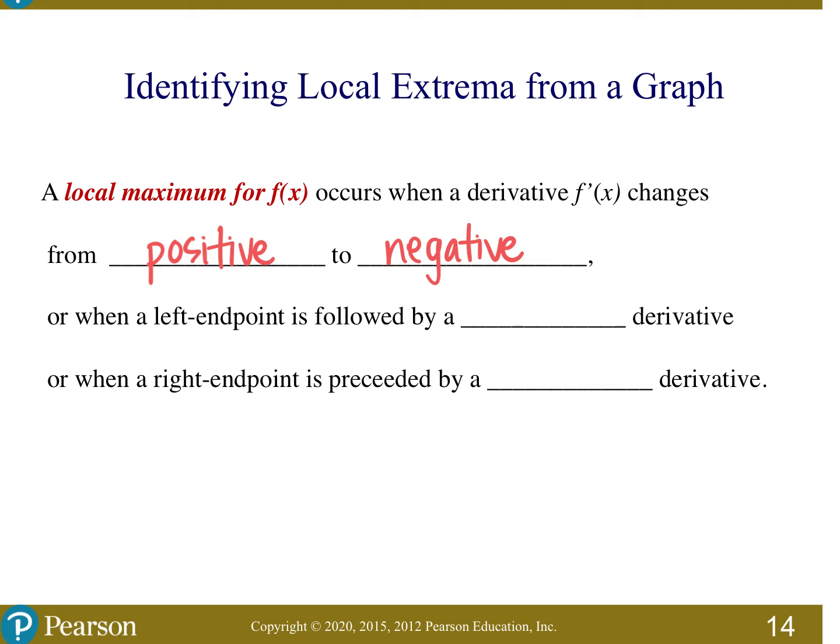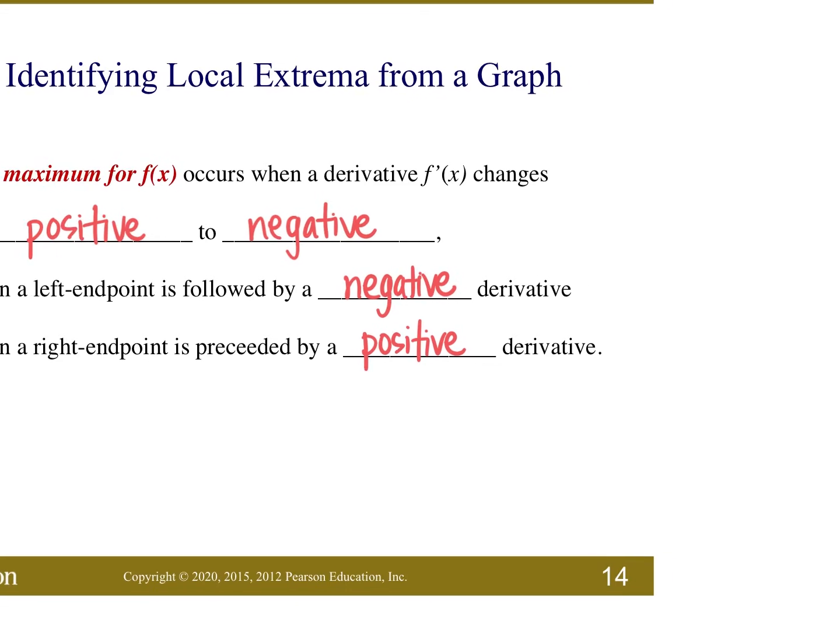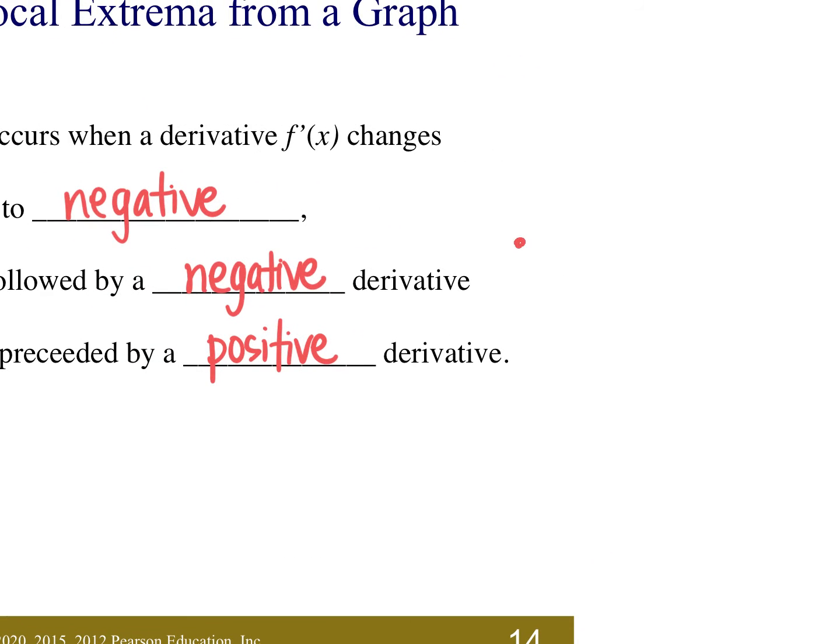Okay, so here's what happens. If the left side of the endpoint is followed by a negative derivative, that would count as a max. Or if the right endpoint is preceded, like right before it, by a positive derivative. Okay, you got to be able to picture that. A left endpoint followed by a negative derivative.